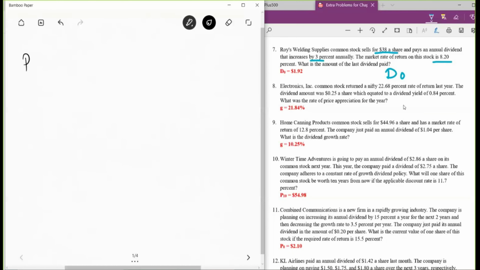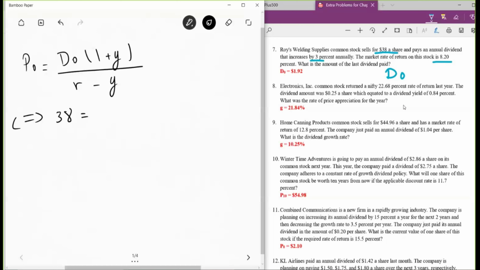So applying the formula with the constant growth model, P0 equals D0 into 1 plus the growth rate divided by R minus G. So the price 38 equals D0 times 1 plus 0.03, so 1.03, divided by R 8.2%, so 0.082 minus 0.03.